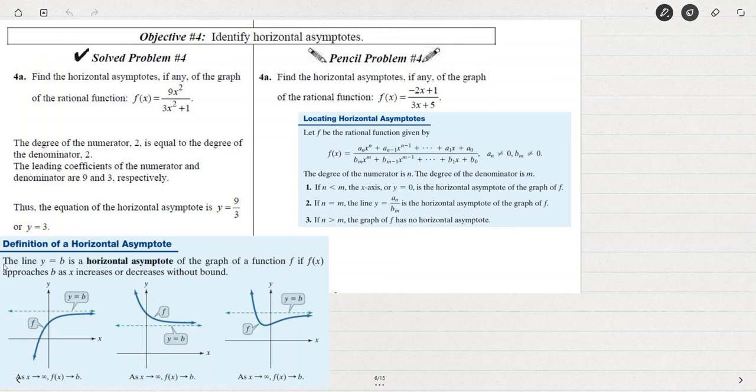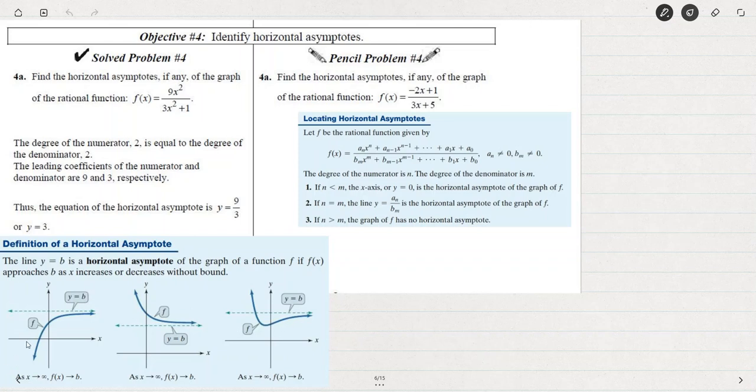The horizontal asymptote is a line y equals b, and the line y equals b is a horizontal asymptote of the graph of the function if f of x approaches b as x increases or decreases.